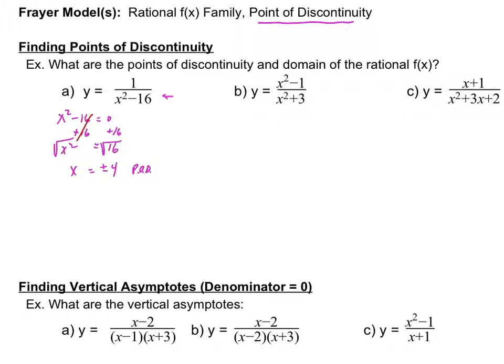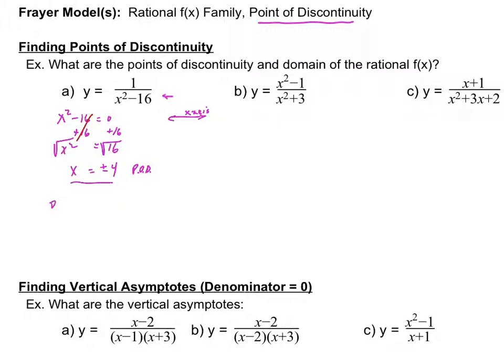Well, remember that the domain is representative of all the values of x for which this function is considered true. And this function is true at all values of x except for our points of discontinuity.